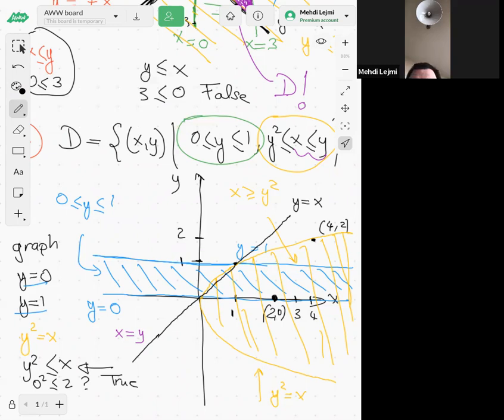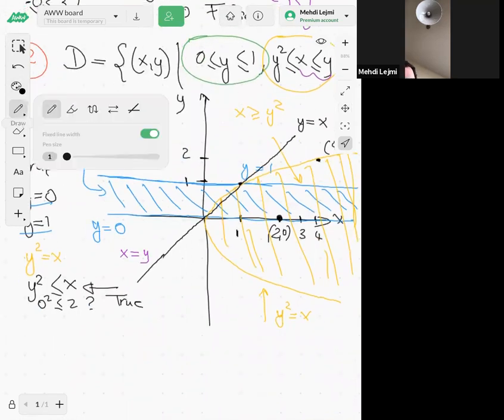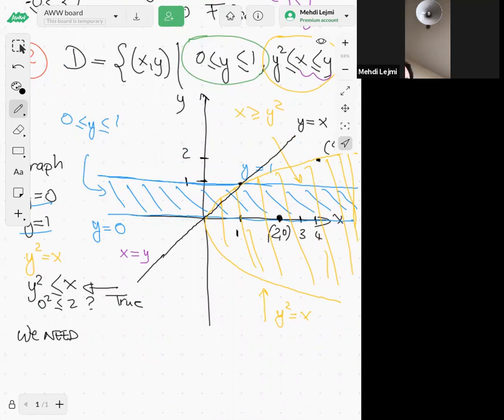Now we need x to be less than y, right? Okay, so we have this diagonal. So the diagonal divides your plane into two regions, the one on the right or the one to the left, in some sense. So which one corresponds to x less than y? Again, just take a point.